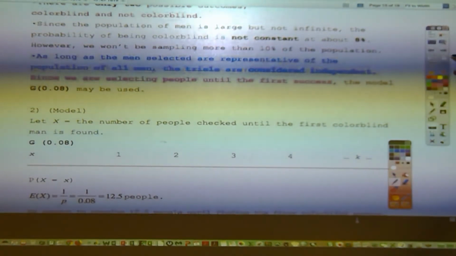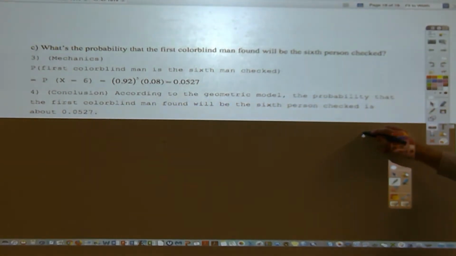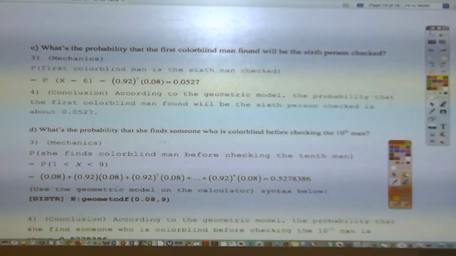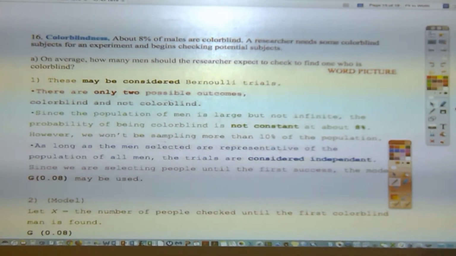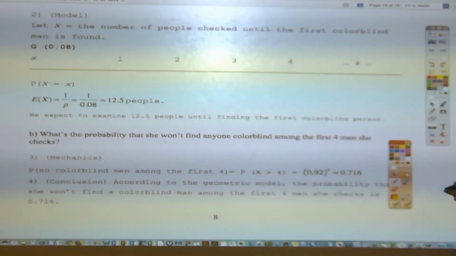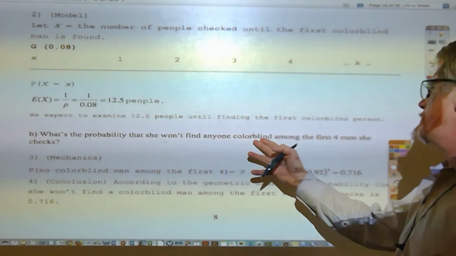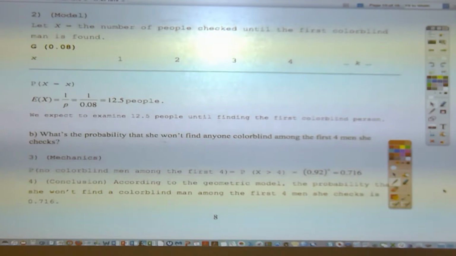I want to skip the review problem and get to one that's actually binomial in nature. So let's take a look at what part B is asking. Part B says, what's the probability that she won't find anyone among the first 4?